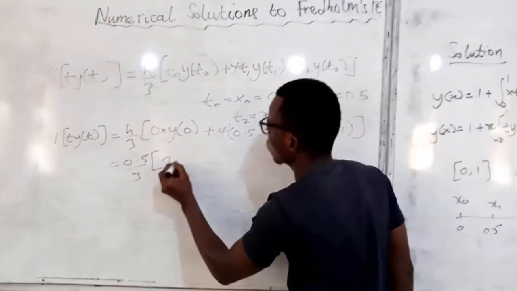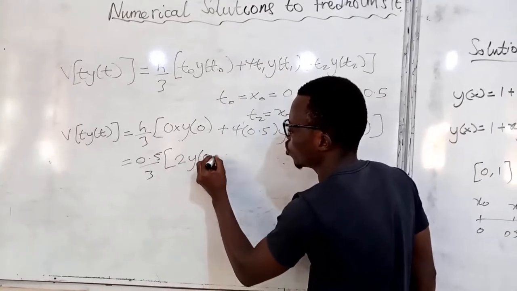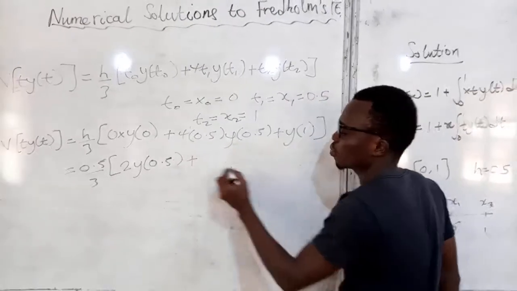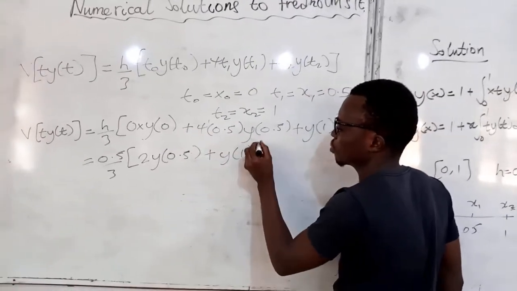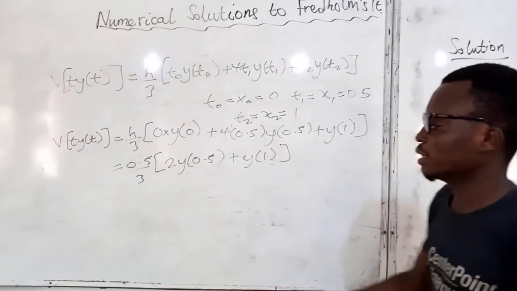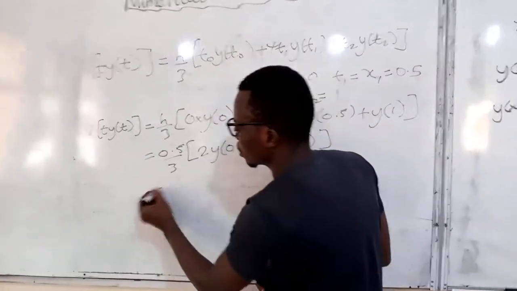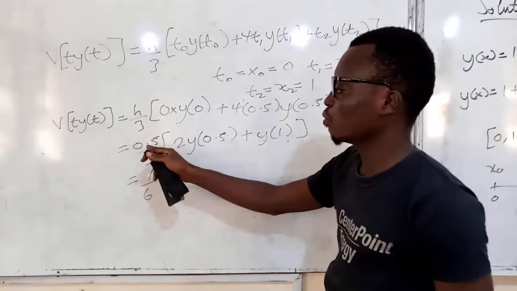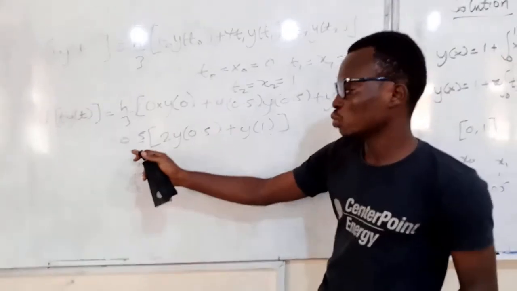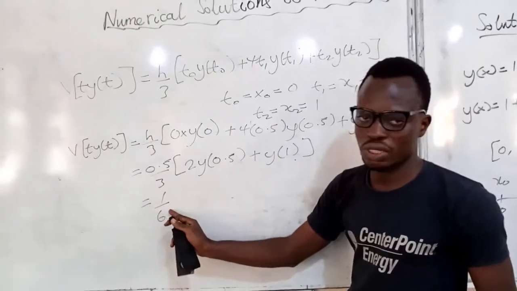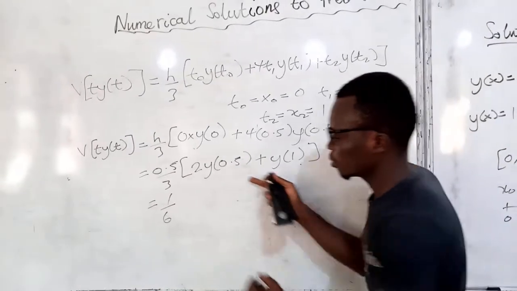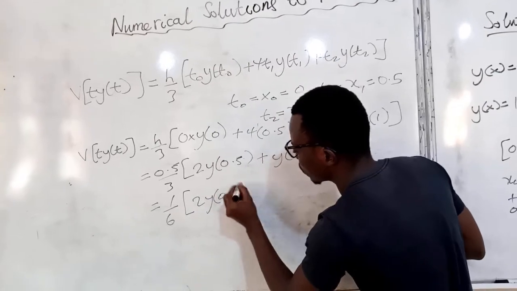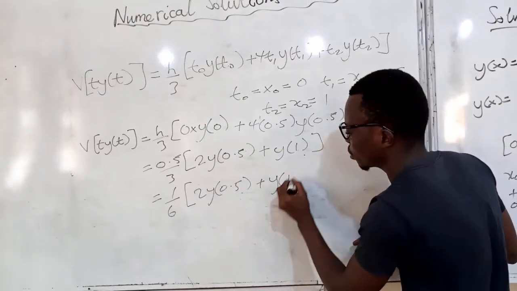So here is 2 y of 0.5 plus y1. And the factor is 1 over 6, because 0.5 is 1 over 2, and 1 over 2 times 1 over 3 gives 1 over 6.